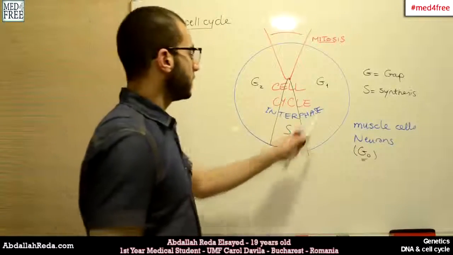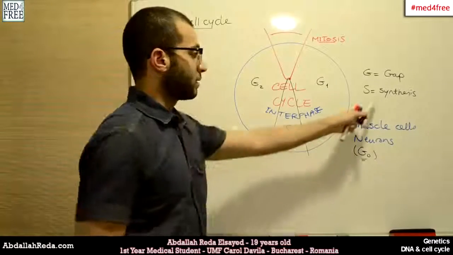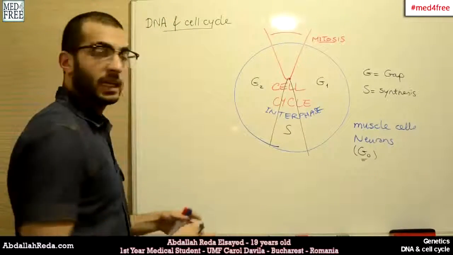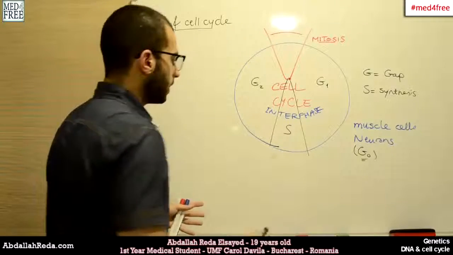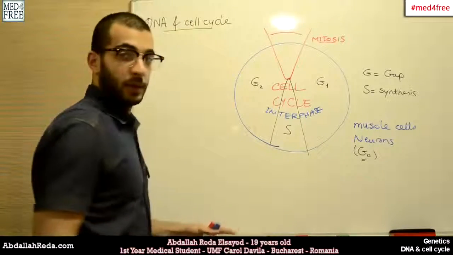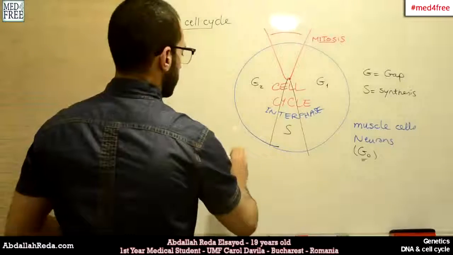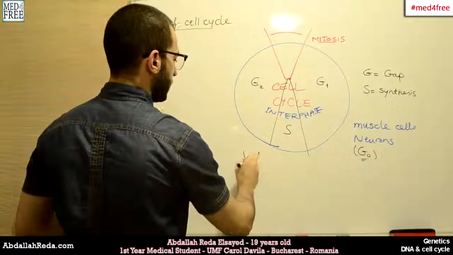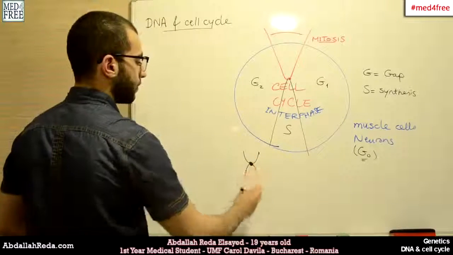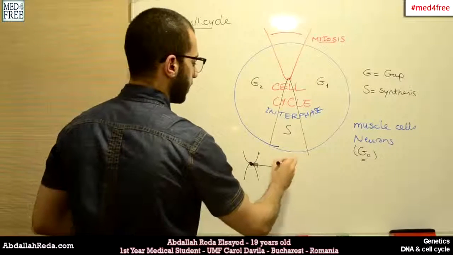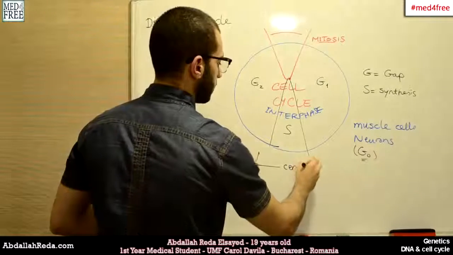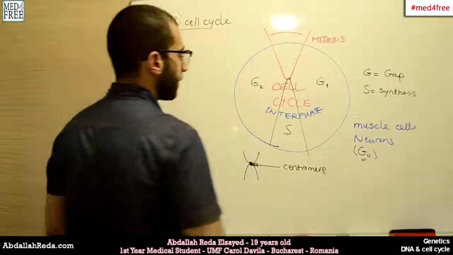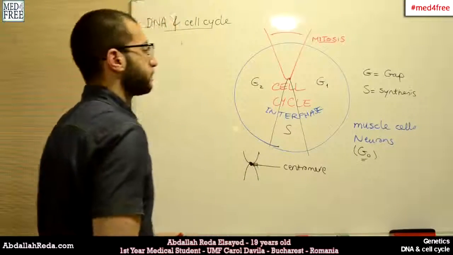And then after the G1 we have the S phase, which is the synthesis phase, DNA synthesis phase, in which the chromosome makes a copy of itself, and we will have two sister chromatids, and they are joined together through a centromere. So this is what happens in the S phase, synthesis.